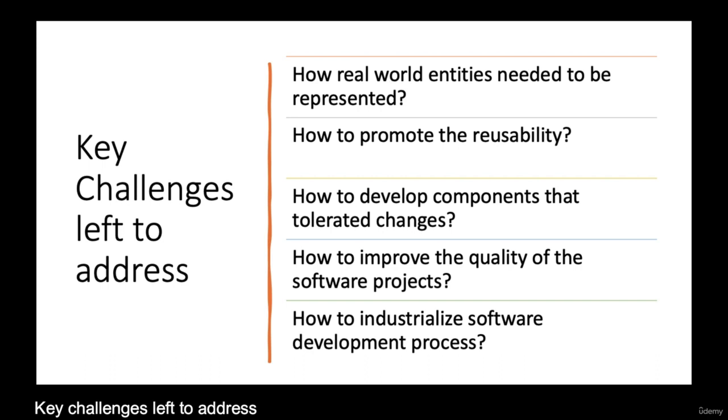Like if they wanted to create a hospital management system, how could they create a good one by mapping all the active participants or the people in the hospital? It can be the hospital itself, the employees in the hospital, doctors, or patients. These are the real world entities that were part of this particular project, and initially the programmers were confused how to represent them.